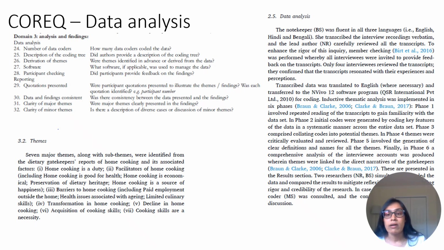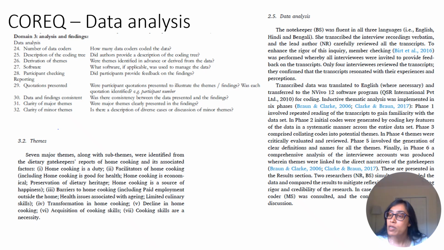So we did that. Inductive thematic analysis was implemented in 6 phases. So we talk about these 6 phases here. You will not be able to see here, but 2 researchers simultaneously coded the data and compared the results to mitigate reflexivity and improve rigor and credibility of the research. Is that clear?